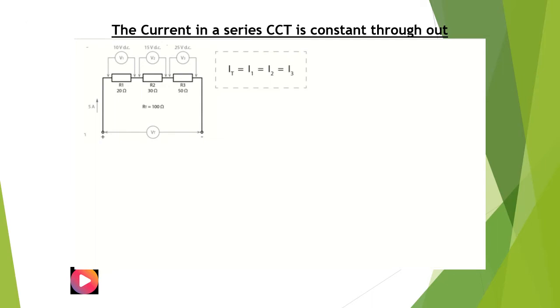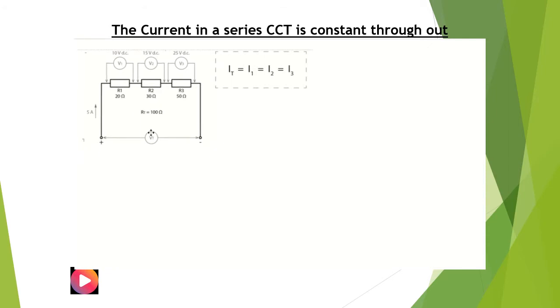Having a look at the circuit above, and to recap, the applied voltage here is VT, the addition of V1 plus V2 plus V3. So VT is equal to 10 plus 15 is 25 plus 25 is 50 volts.